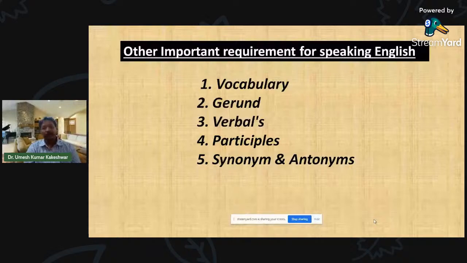The first one is vocabulary. Without having the knowledge of vocabulary, nothing can happen in the language, as communication can never be made easily without it.